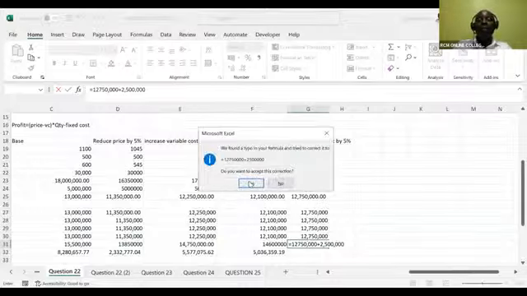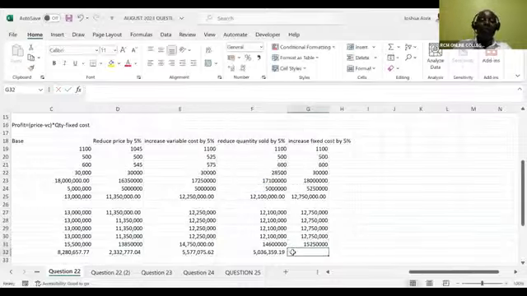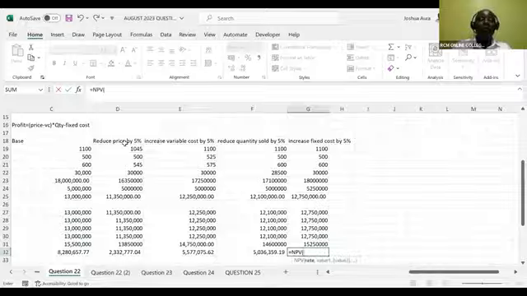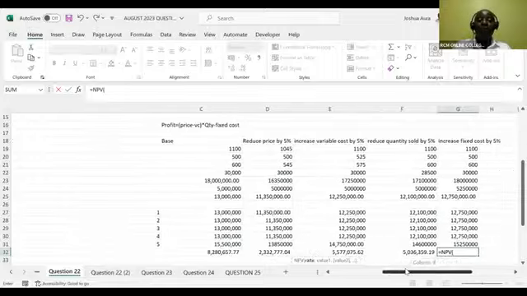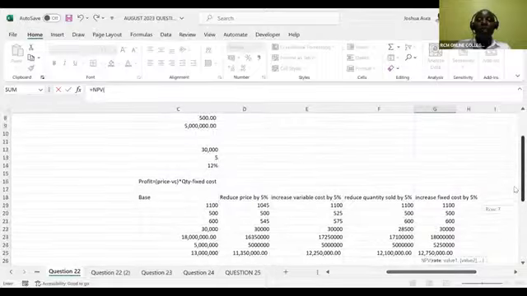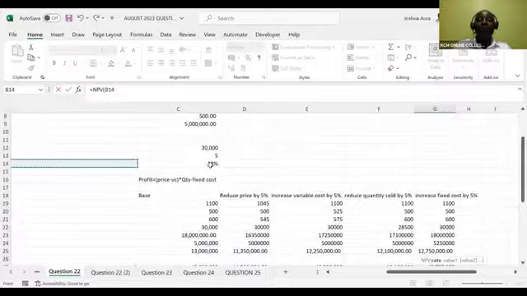After that, come here right away and give us our NPV. You say equals NPV. The rate is 12%. The rate is somewhere here. Okay, so that is it.